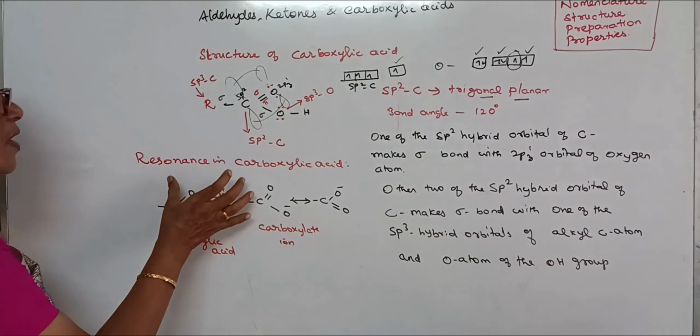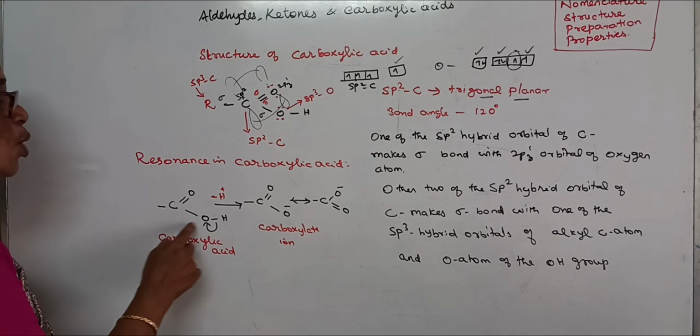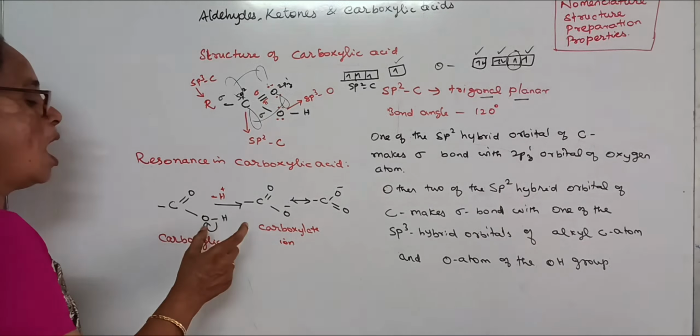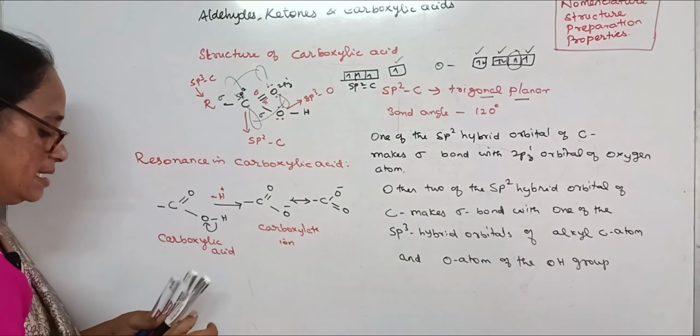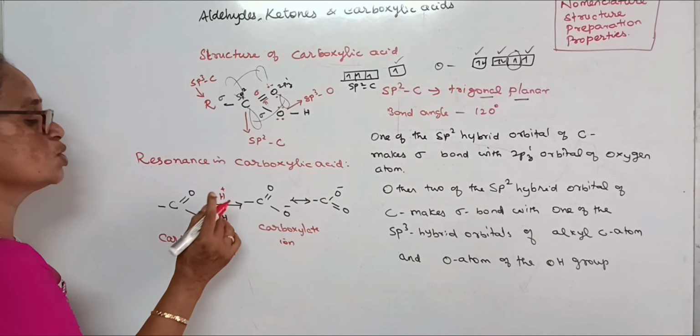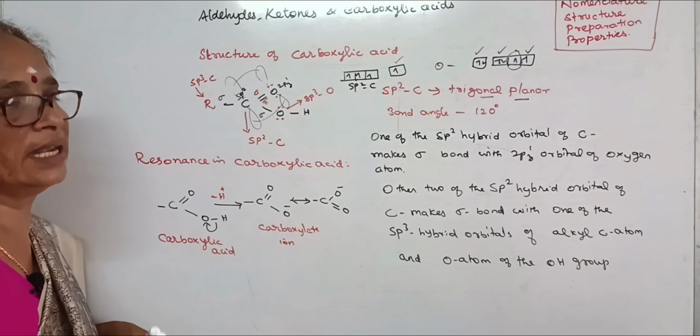So let us find the resonance in carboxylic acid. I have given COOH. The oxygen of the OH group is more electronegative and hence it withdraws the electron from the hydrogen atom. So we are getting minus H plus. Now this oxygen carries the negative charge.